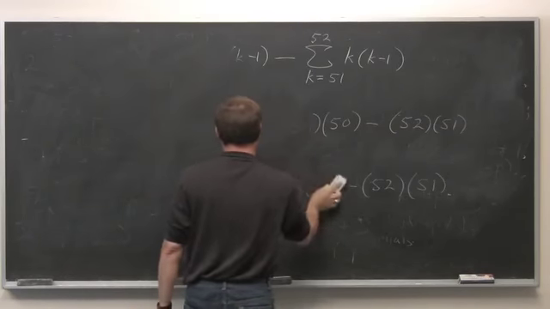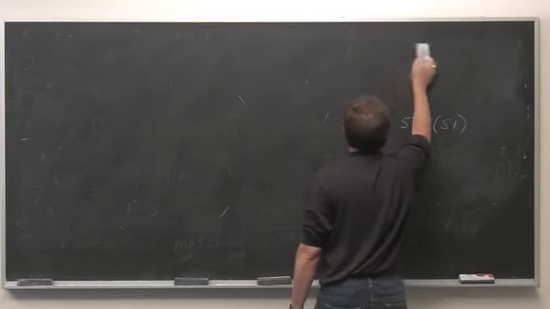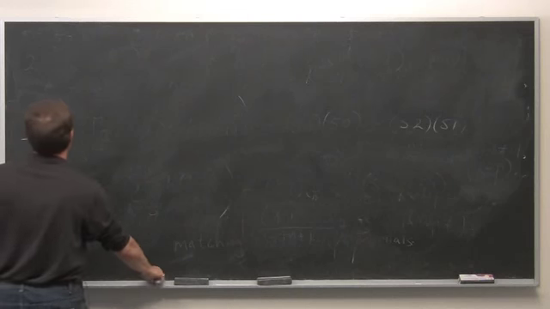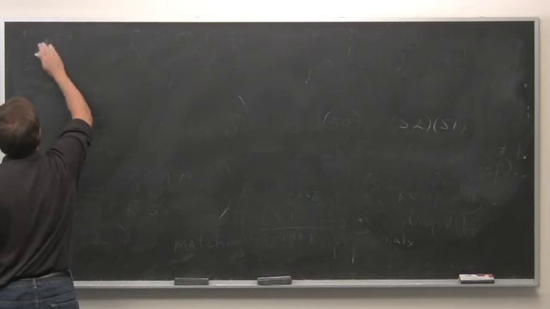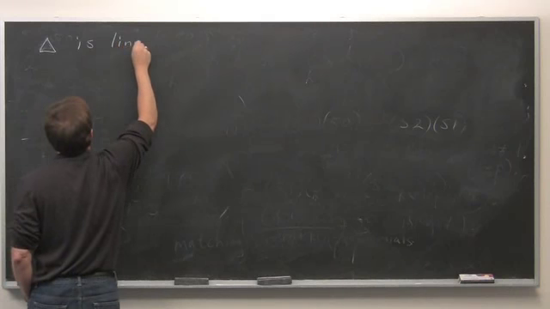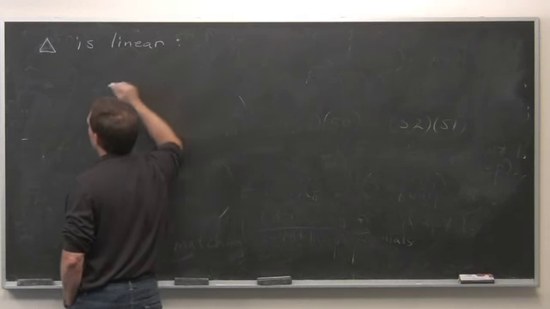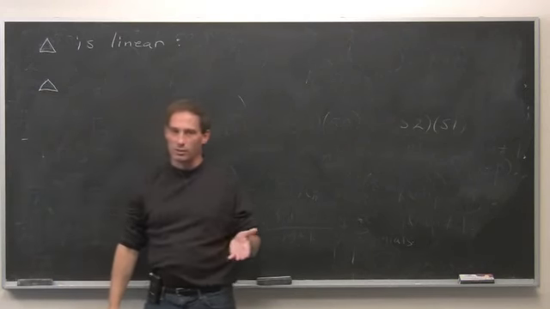So this delta operation, this finite difference operation, has a number of basic properties, but delta is linear is the main one we want to worry about right now. It's just as easy as it was to show that summations are linear.